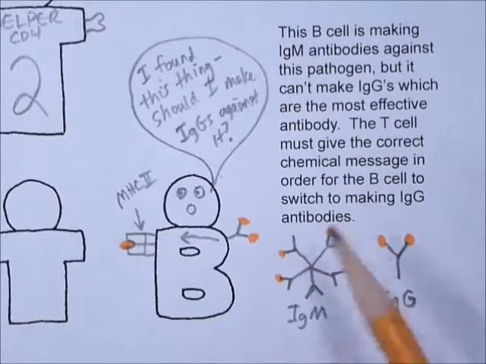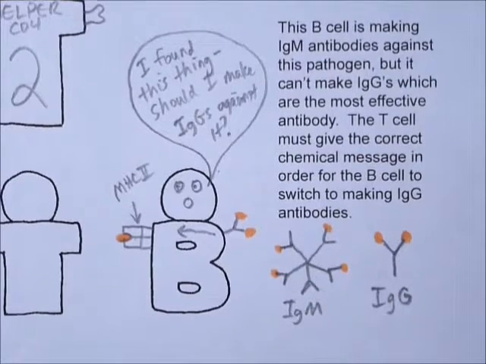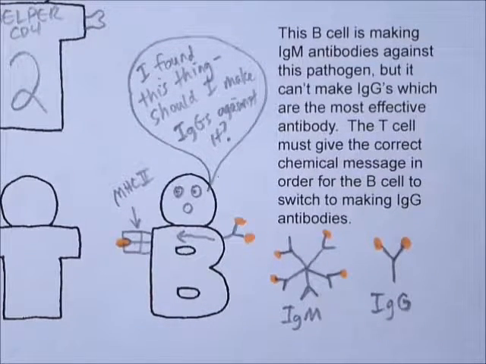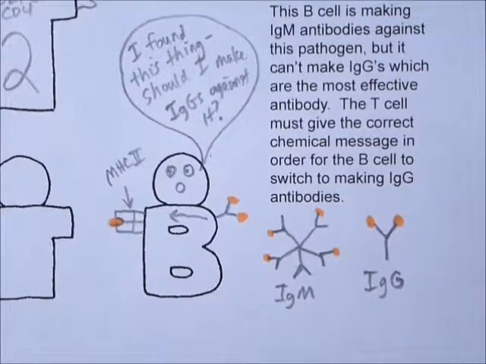Now why did it even make IgMs? What's the good of this? Well, at first, this shape is good. It's a little bit large and clunky, but it's good at picking up things. Just the geometry of this is good for when you start out. It just is more likely to pick up the antigens.